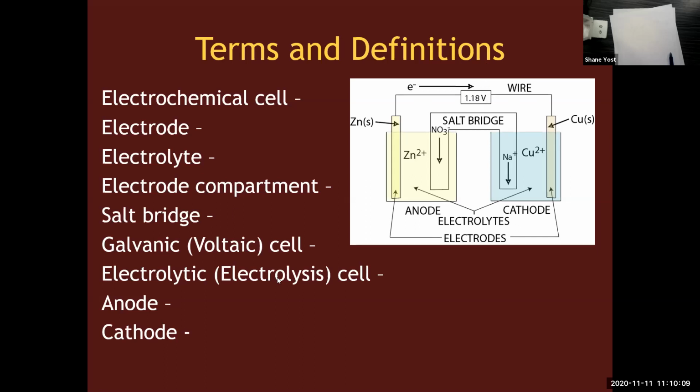An electrolytic cell, which is used for electrolysis, is for some sort of non-spontaneous electrochemical reaction, which will have a negative cell potential. So electrolysis, for example, is often what's done to plate metals on the surface of something.